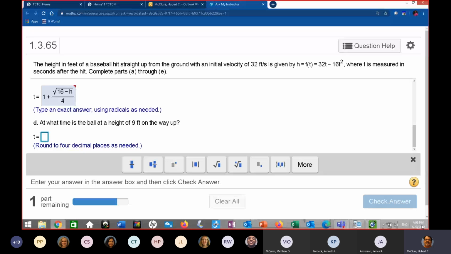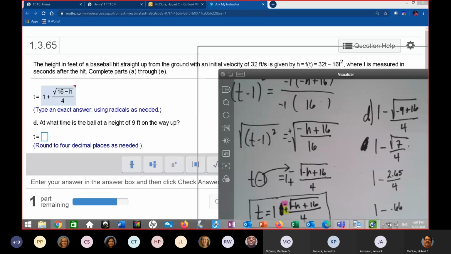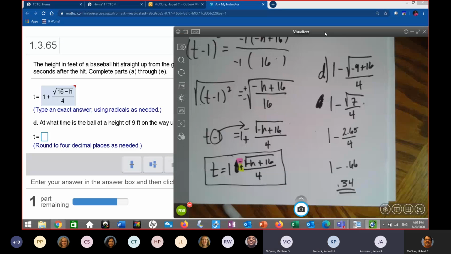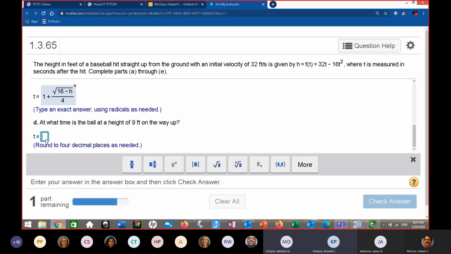And somebody give me 4 digits, please. I mean, I just plugged in the 0.66 and I got 0.3386.